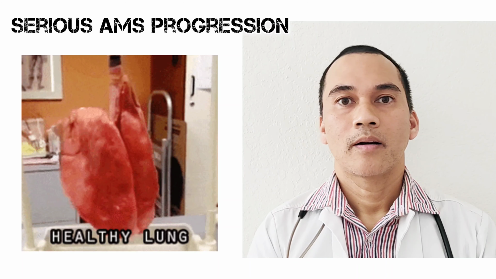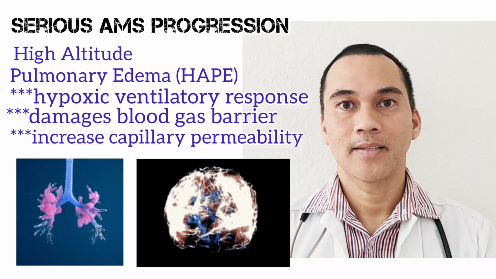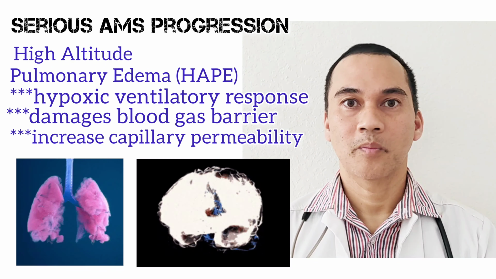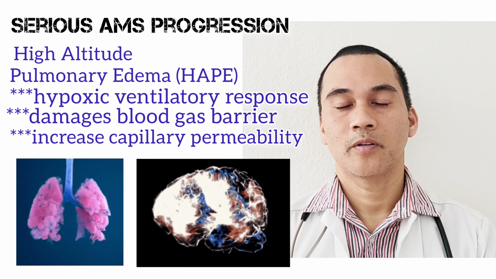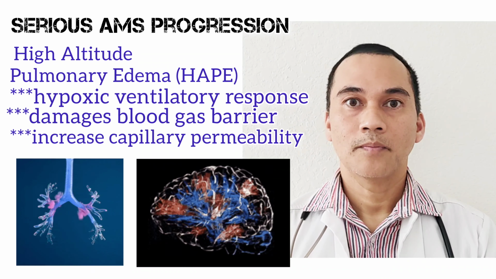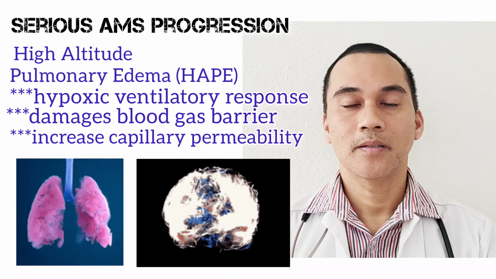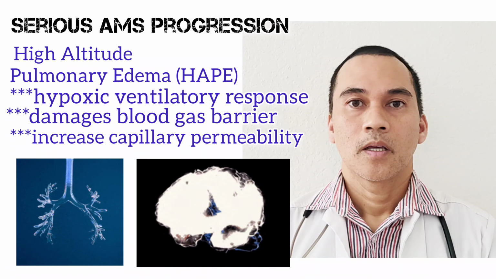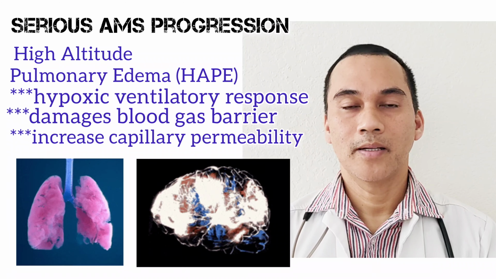What happens when you are at a high altitude? You will be hyperventilating, and that is the hypoxic ventilatory response. So if you have a hypoxic ventilatory response, it can damage or disrupt the blood gas barrier in your capillaries and cause injury. And when that happens, there will be an increased capillary permeability.